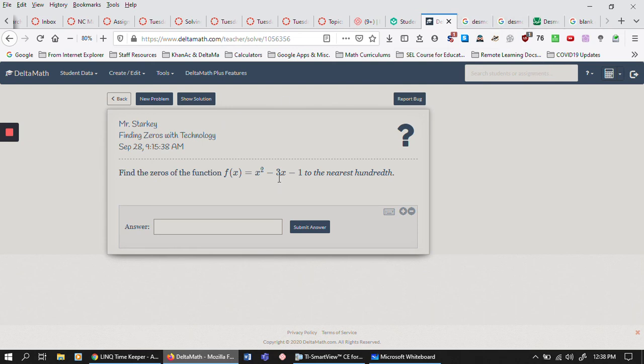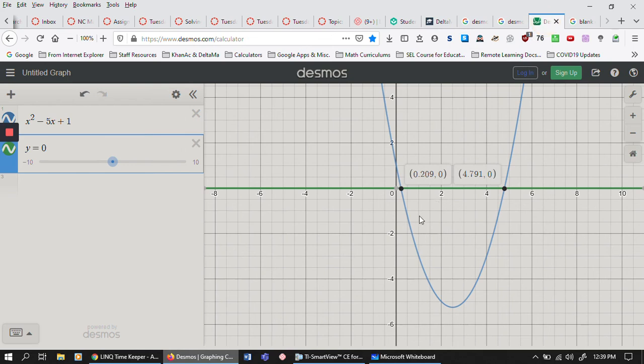So on Delta Math, they are saying here, find all the zeros for this function to the nearest 100th value. If you're doing it to the nearest 100th, you want to make sure that you include 2 numbers after the decimal. Okay.